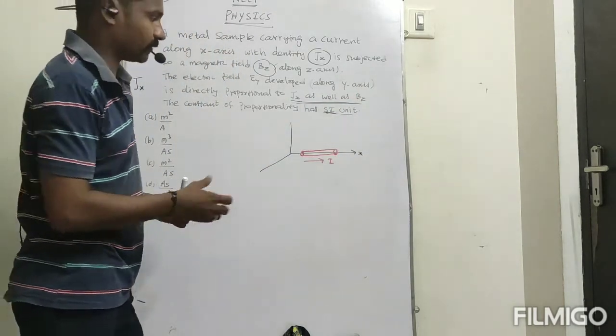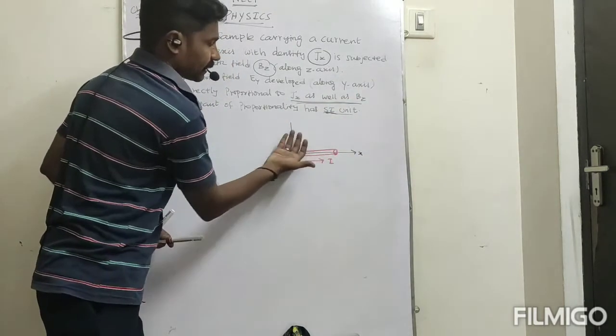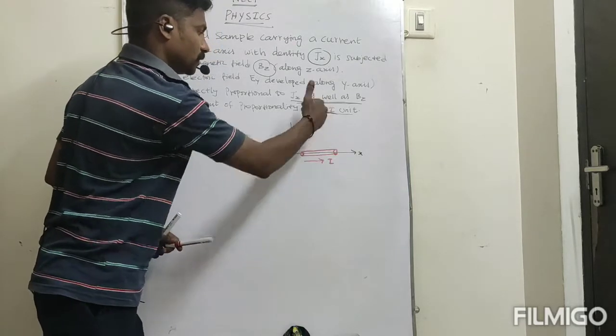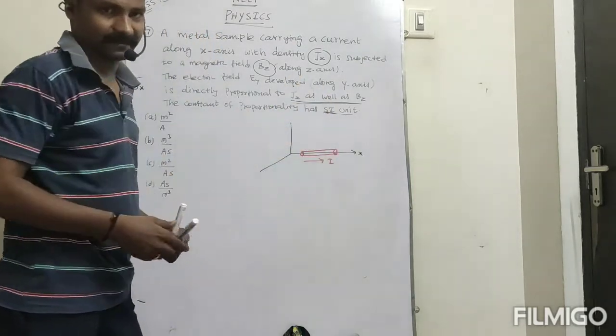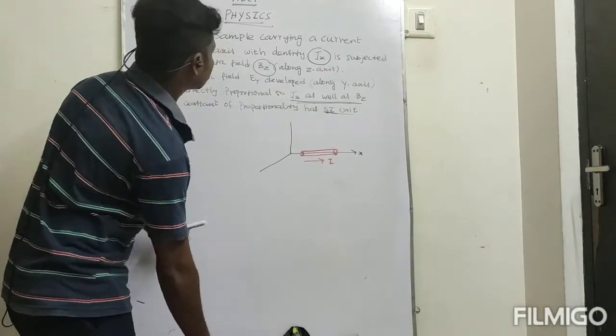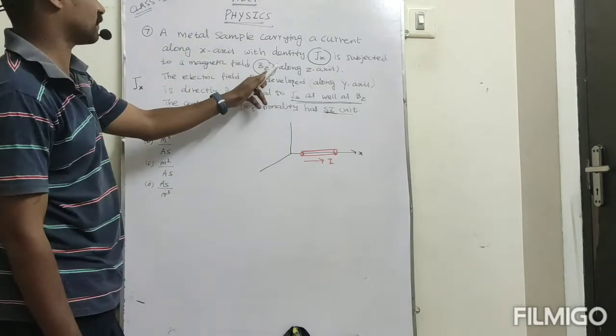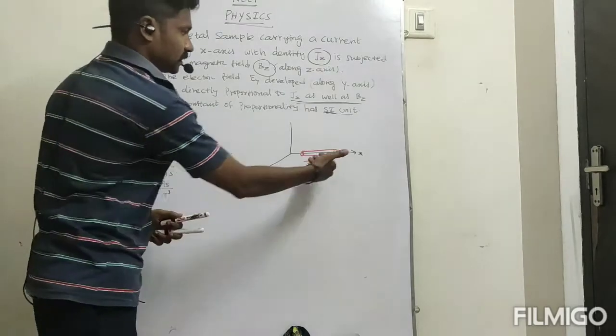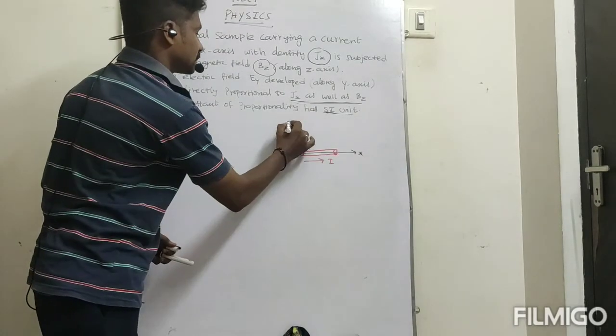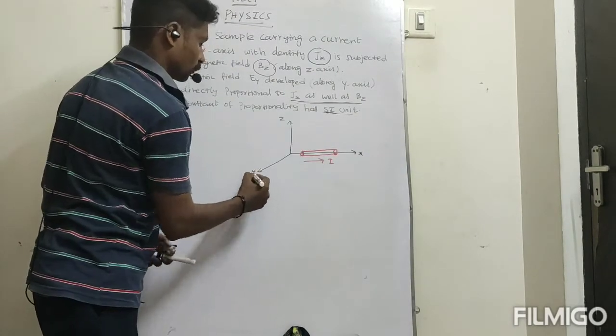Generally, here is the current direction, and here the magnetic field will form, up and down. Let us take the produced magnetic field as Bz. So this is the x-axis, this is the z-axis, and this one is the y-axis.